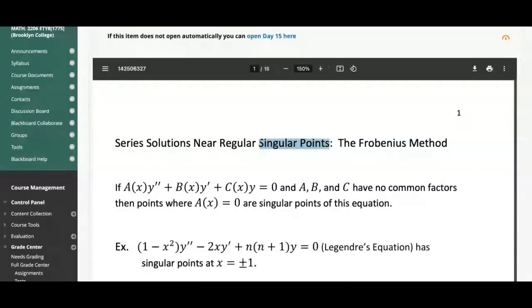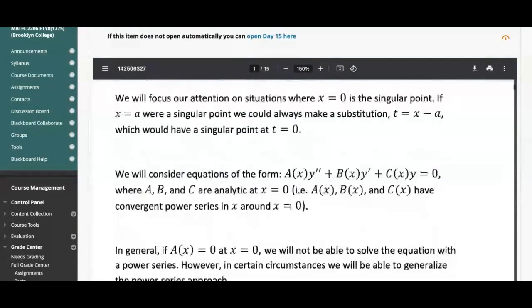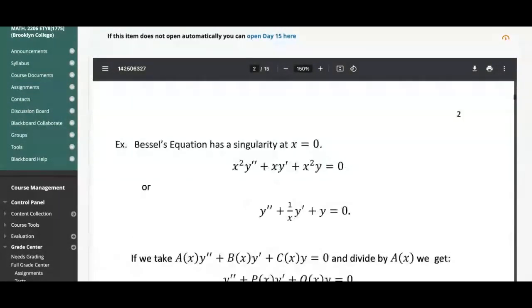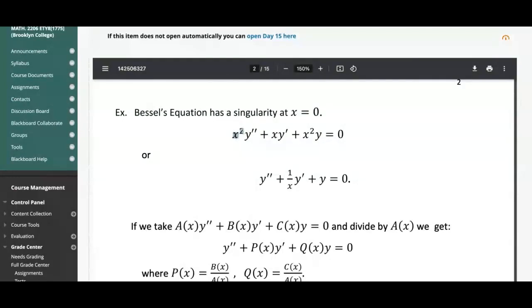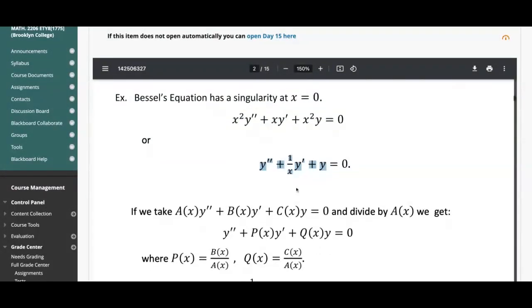We're dealing with the singular points. Let's see an example. Let's see this one. This one started with x squared. So we put in this form, you see this is 1 over x. So 0 is not in the domain. So P of x is not analytic at 0.